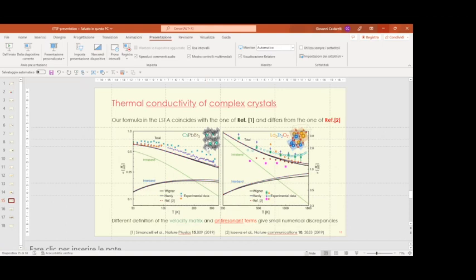And another really important bottleneck is the computation of the third order force constants, which typically requires a large number of atoms to compute. But there are some schemes, some tricks, to speed up the calculation. The third order force constants are computed using finite difference methods. In particular, in this case, we have used the Thirdorder code, in which you can compute the third order force constants from a finite difference method that also exploits crystal symmetries.